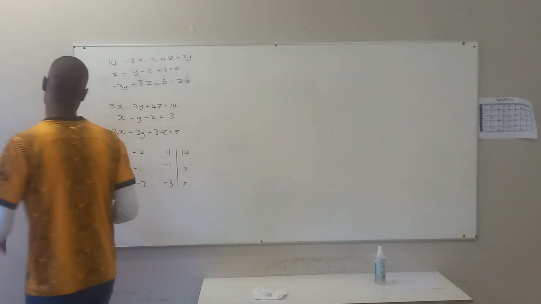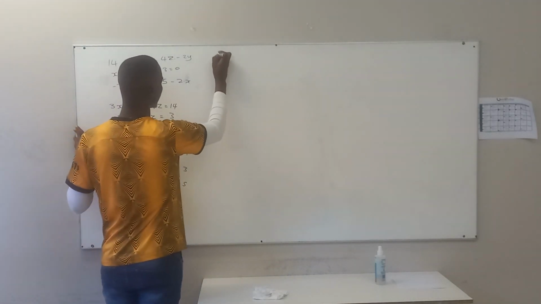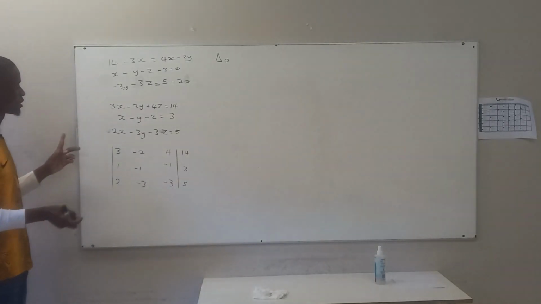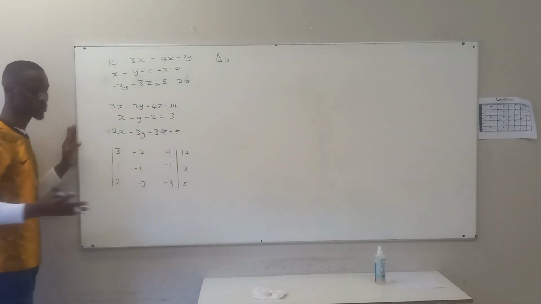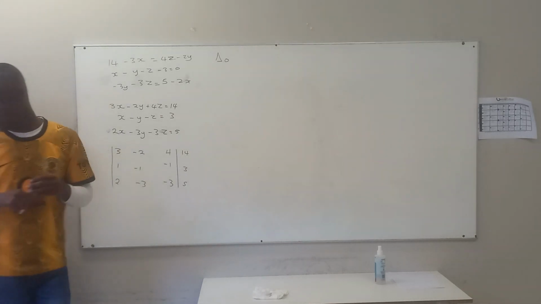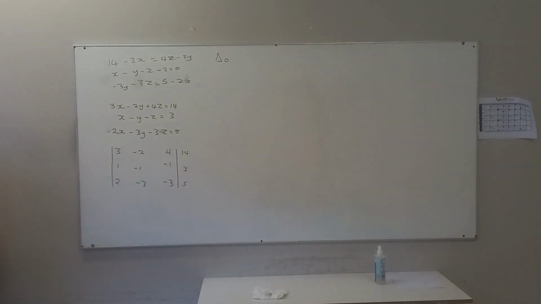Let's now calculate for delta 0. To calculate for delta 0, we go to row 1, column 1, and then we cross them out. Let me use a different marker.